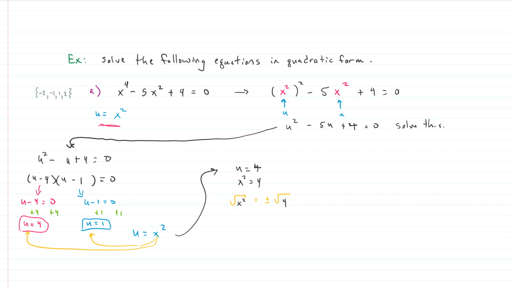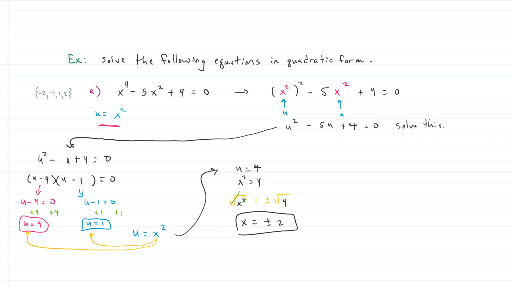Lucky for us, the square root and the squared cancel, and the square root of 4 is 2. So we get x equals plus or minus 2. There are two of our answers here.